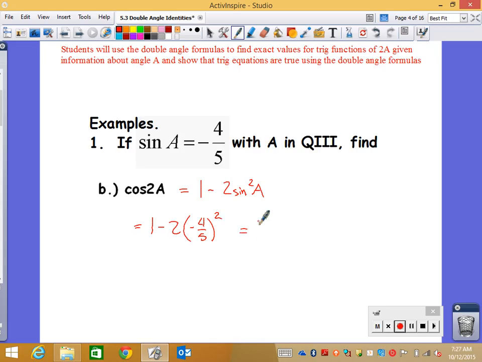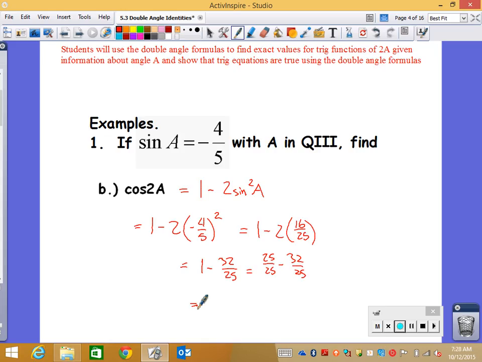Simplifying that out, that's 1 minus 2 times 16 over 25. One minus 32 over 25 if I multiply that by 2. So this is equal to 25 over 25. That's my 1 minus 32 over 25.